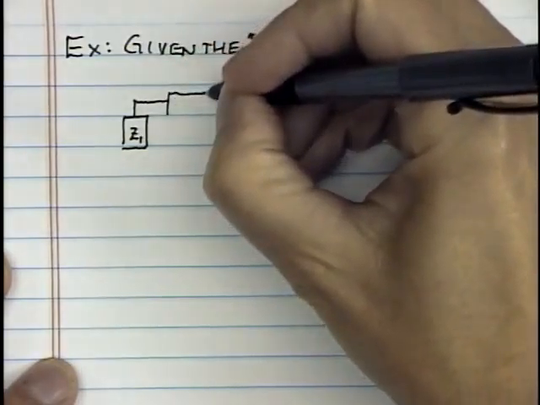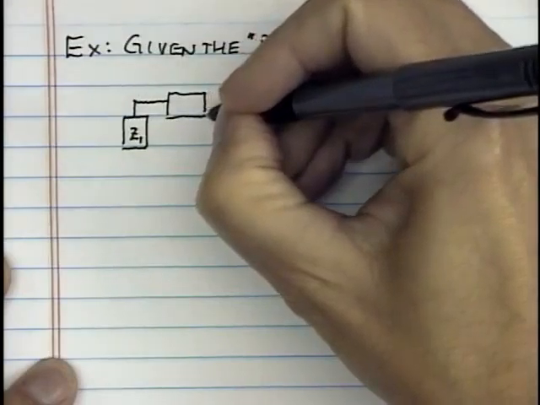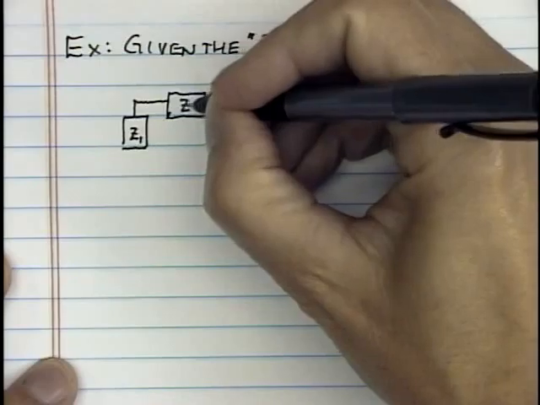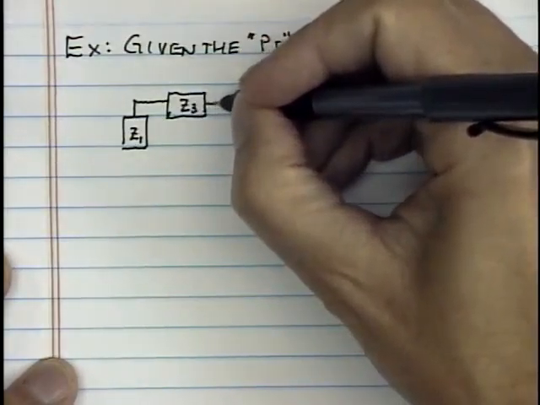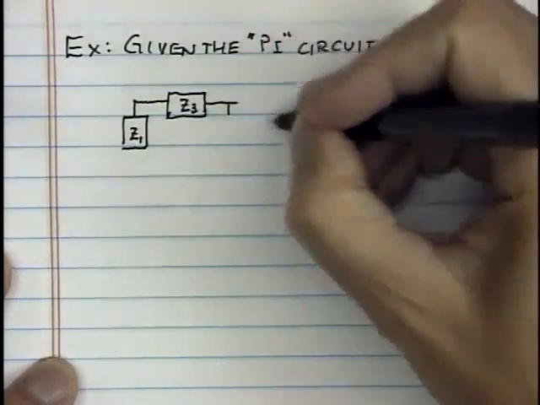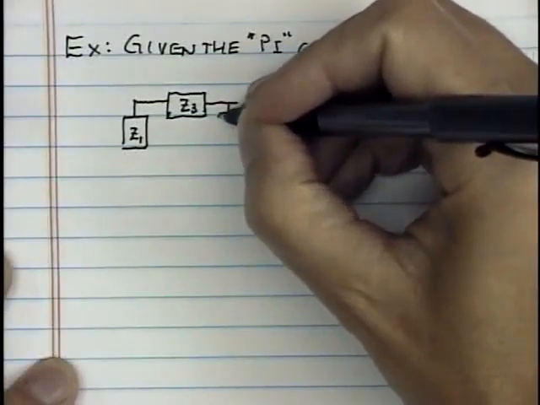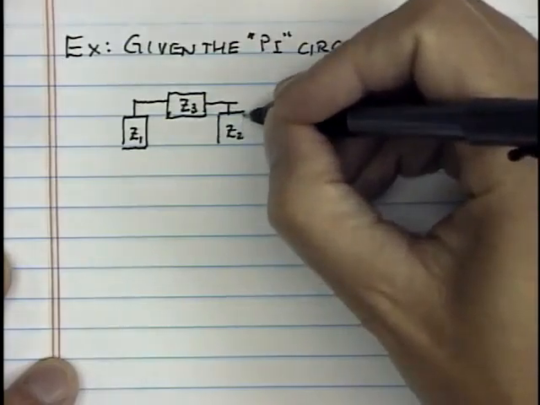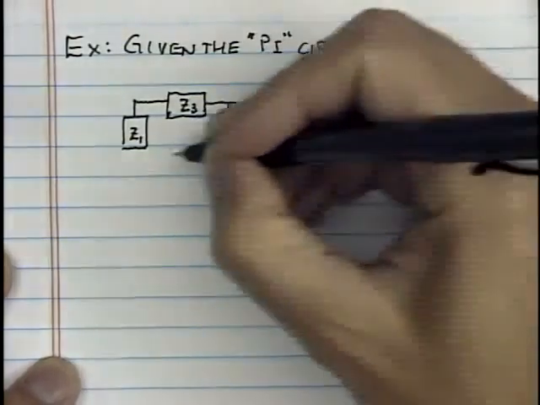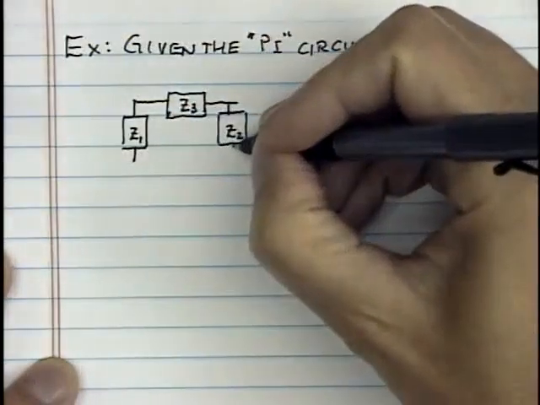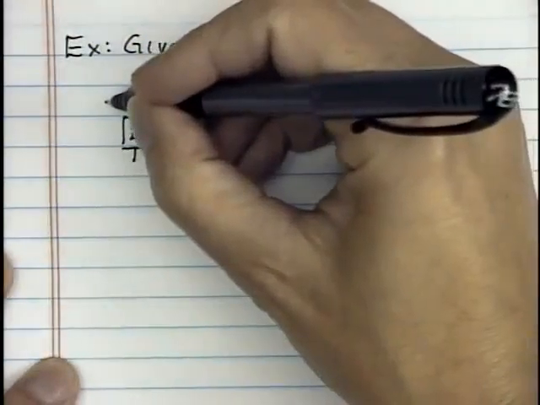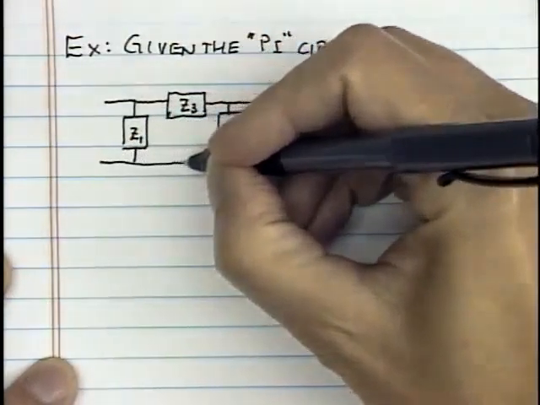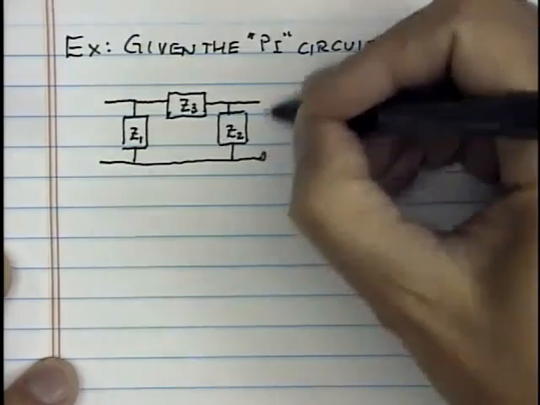They could be resistors or inductors or capacitors or combinations of such elements with their impedances given by the usual expressions R, j omega L, 1 over j omega C, and so on. So here's my pi network.